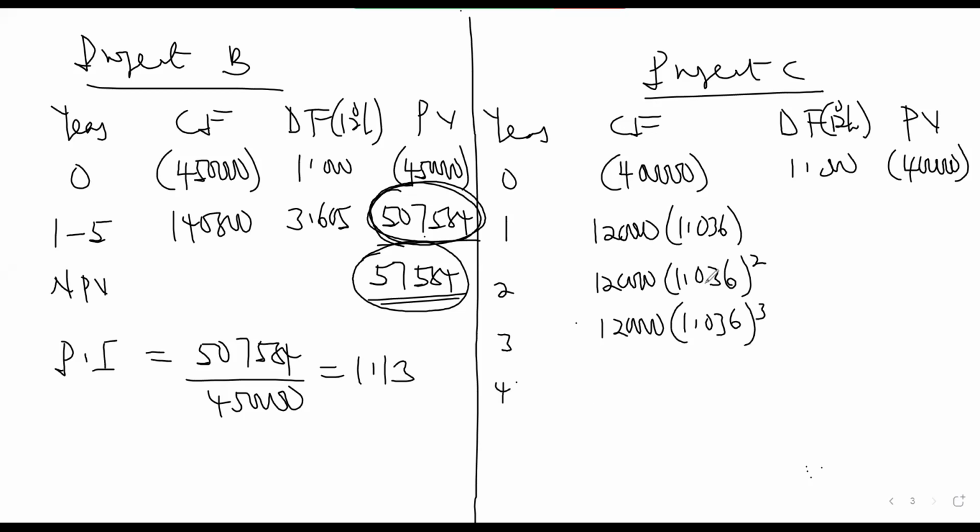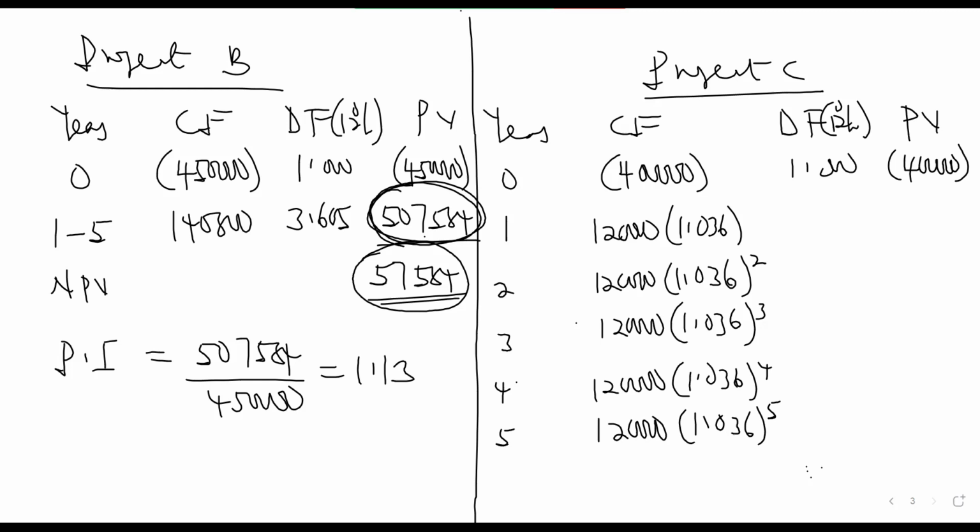Year 4 will give you 120 into 1.036 exponent 4. Year 5 will give you 120 into 1.036 exponent 5.